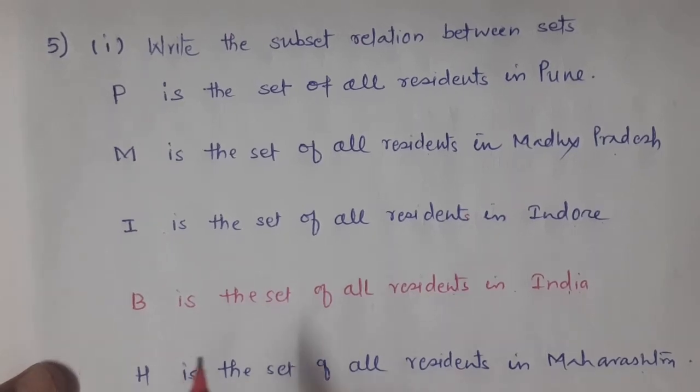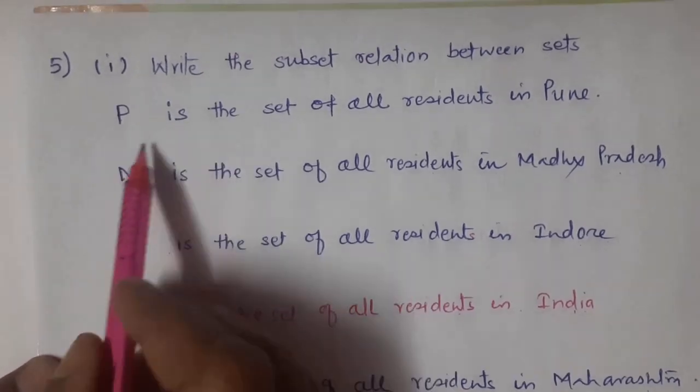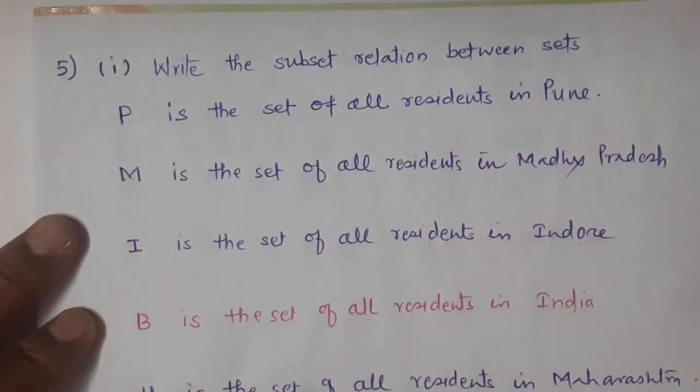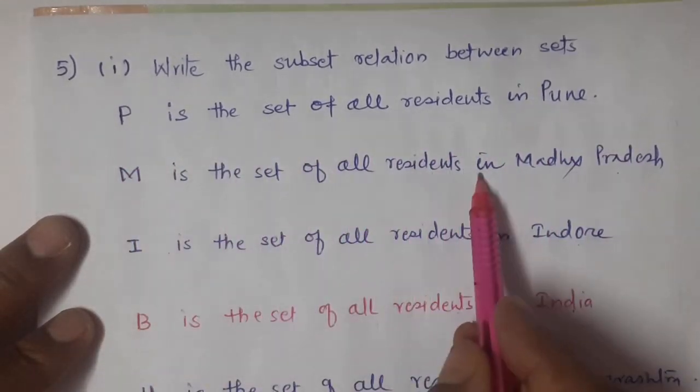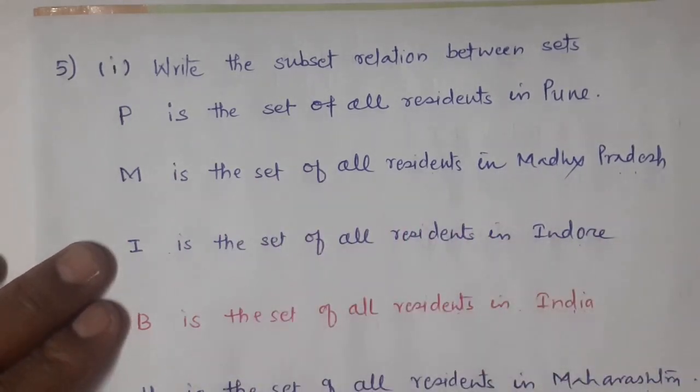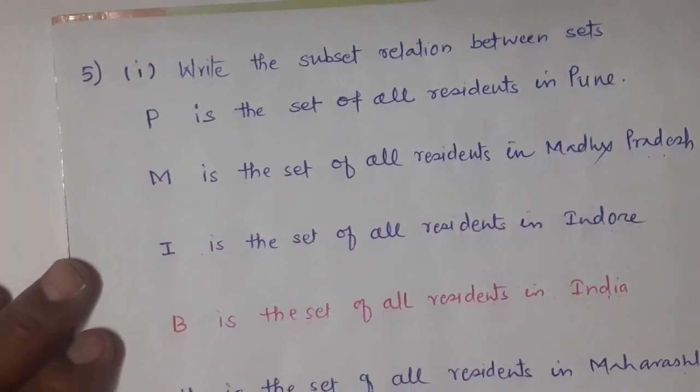First of all, P is the set of all residents in Pune, M is the set of all residents in Madhya Pradesh. From this you have to work out what are the subsets of what.